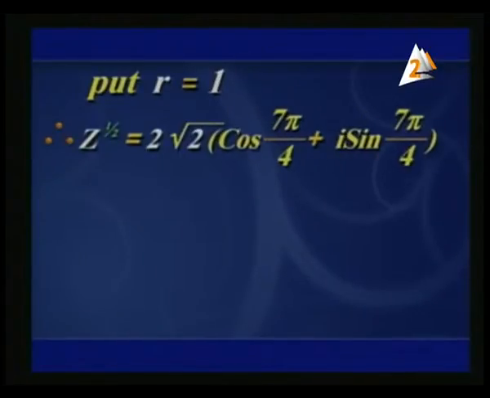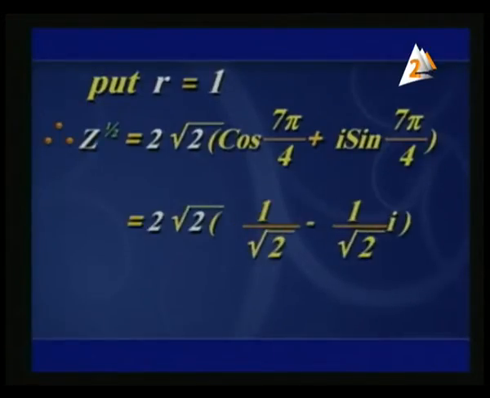Now put r equals 1, applying the Moivre theorem. Therefore, z to the power half equals 2 root 2 times cosine 7 pi over 4 plus i sine 7 pi over 4, equals 2 root 2 times 1 over root 2 minus 1 over root 2 i, equals 2 minus 2i.